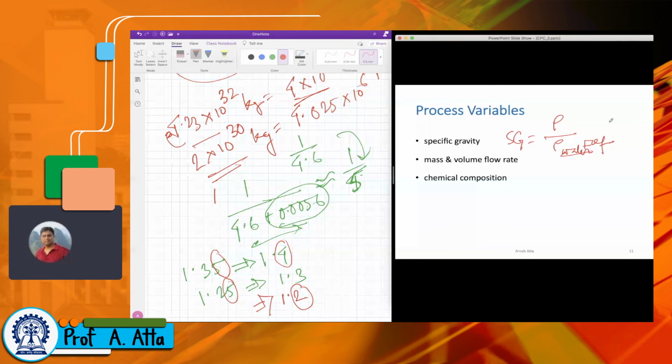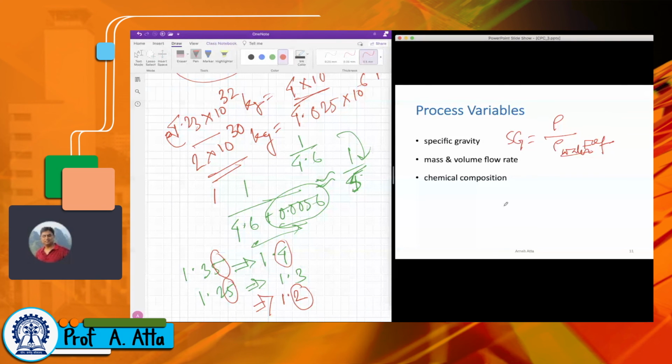Now coming to the relation between mass flow rate and volume flow rate: if one is given, can you calculate the other? Yes. Mass divided by density gives us the volume. That same concept applies here. If you know one, either divide or multiply it by the density, and you get the other one.